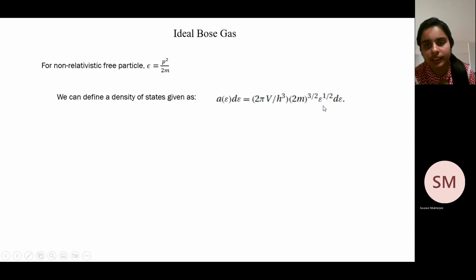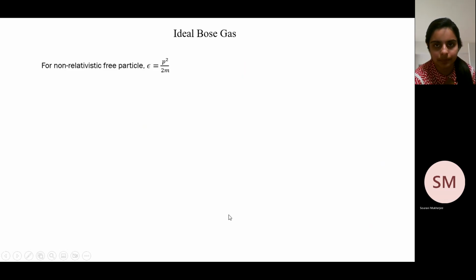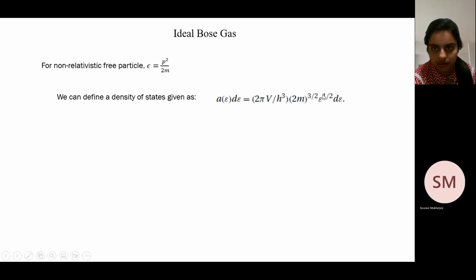This won't be the case if you have a 2-dimensional or a 1-dimensional system, because then you won't have a 4 pi p squared dp term, right? If it was in 2D, you would have had a term like 2 pi p dp. So depending on that, the final power or exponent of energy that you get in the density of states differs.